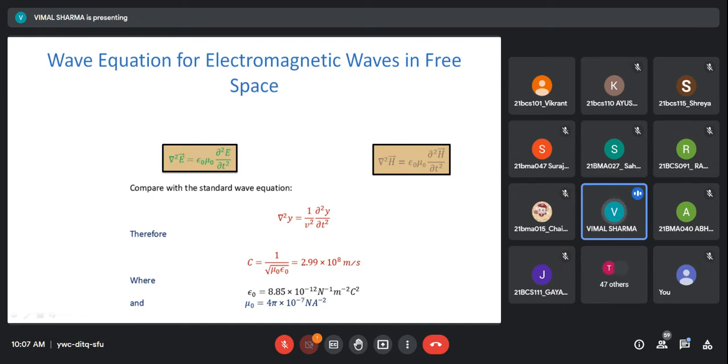What is special about these wave equations? You can see these are partial differential equations. You understand now what partial differential equations and ordinary differential equations are. So a partial derivative is involved because E is a function of, partially depends on, space coordinates, and it also depends on time.